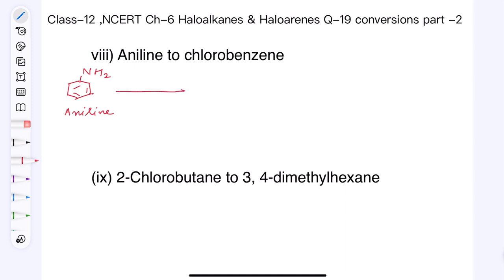So first it undergoes a diazotization reaction, where it is made to react with NaNO2 plus HCl at a temperature of 0 to 5 degrees Celsius, which is very low, 273 to 278 Kelvin. Now we know that it leads to the formation of benzene diazonium chloride. This is referred to as a diazotization reaction.